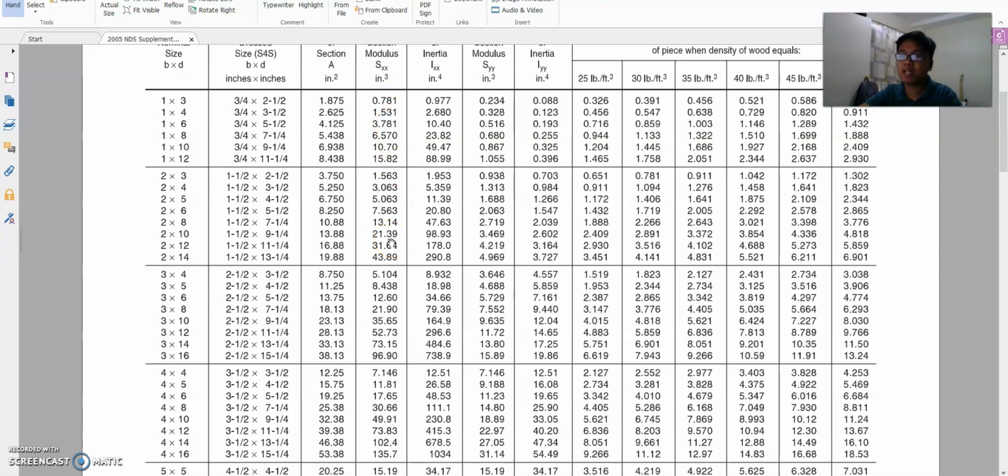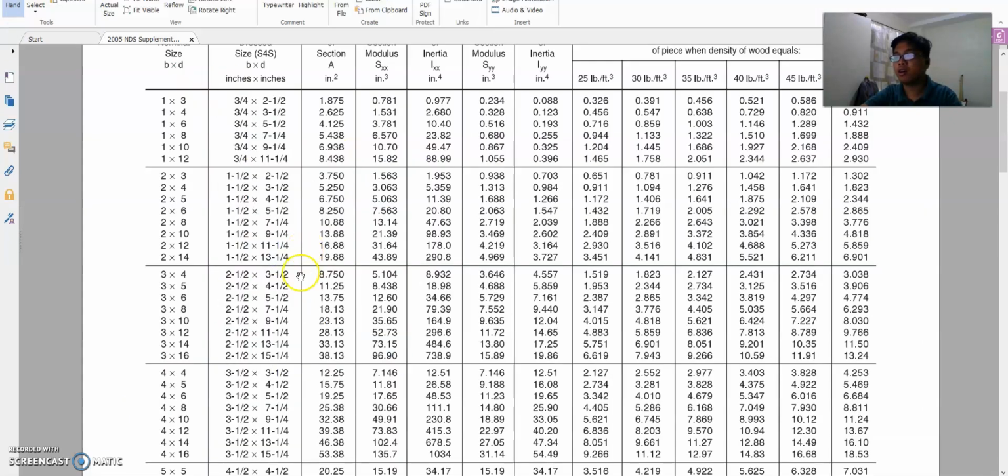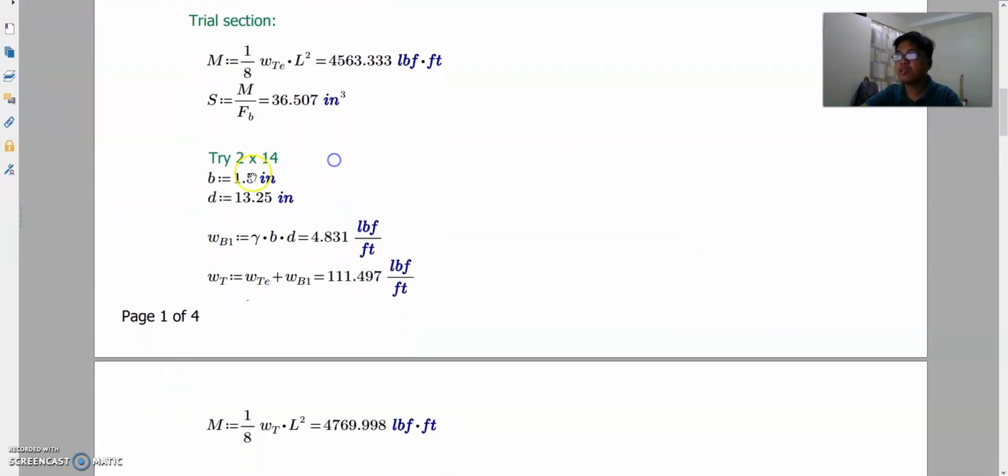But for the economical nature of the beam, we need to look for the weight or consequently the area. And so by that, we can choose 2 by 14. Okay? Because it has an area of 19.88 as compared to 28 or 32. Okay? So 2 by 14, but that's just our trial section.